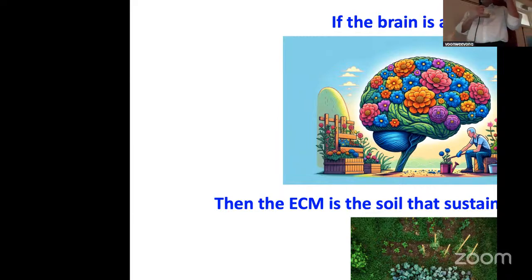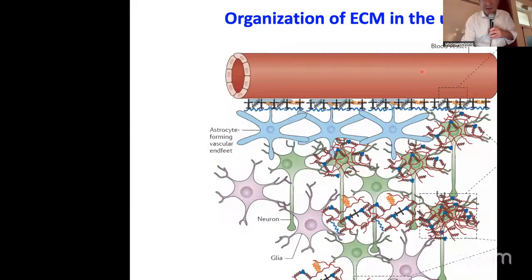So she tells us that in considering the extracellular matrix, it is easiest to think of it as the soil of the brain, the soil that sustains the garden, and therefore the soil is important for all functions within the central nervous system, and if there's disruption to the soil, there will be consequences to things that are growing in that garden. So that's the thinking about the extracellular matrix.